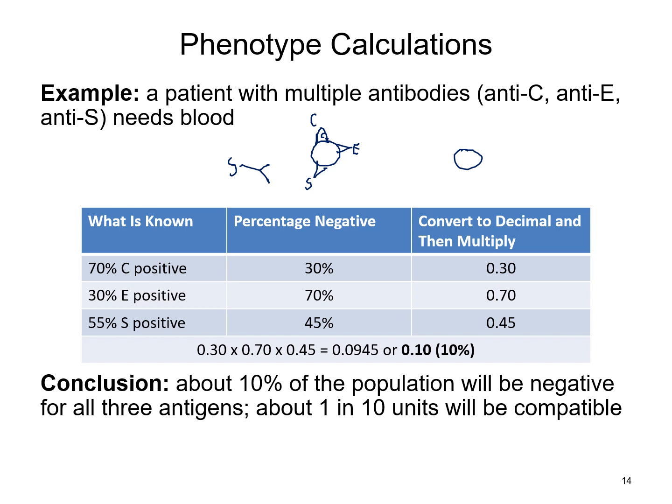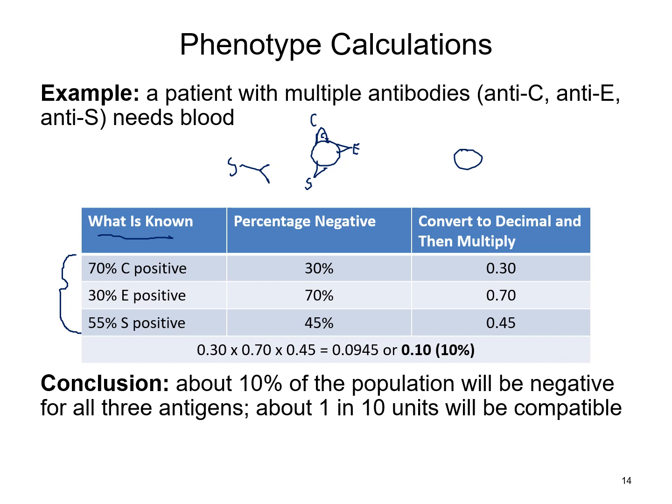So what we do is calculate based off of frequency. What is known? We know that out of the population of donors or individuals, this is the percentage of the population that will present with those particular antigens. So 70% will present with a C antigen, 30% with an E antigen, and 55% with an S antigen.